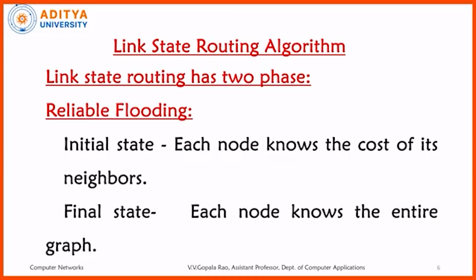In the initial state only the neighboring node information is identified, whereas in the final state every node is going to know about all the routers or nodes available in the entire network. That is the meaning of entire graph. These are the two states we call the initial state and the final state, which is possible by using a technique called reliable flooding.